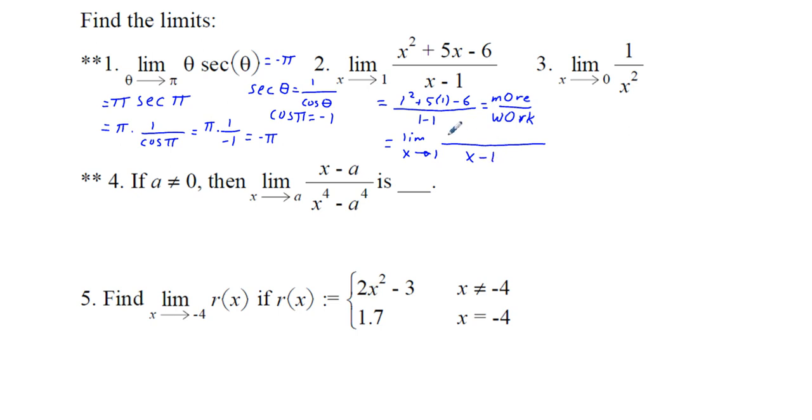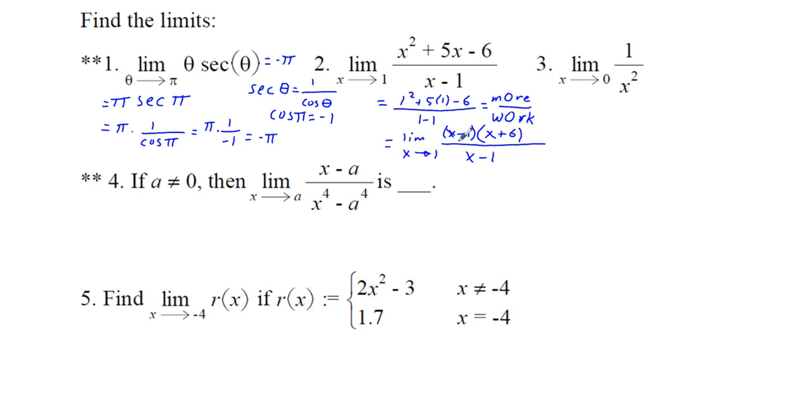The denominator is x minus 1, and in the numerator, what times x minus 1 is going to equal x squared plus 5x minus 6? So it's going to be x plus 6.